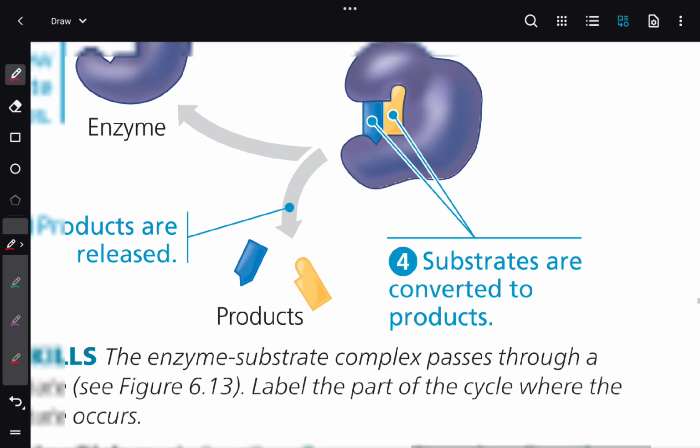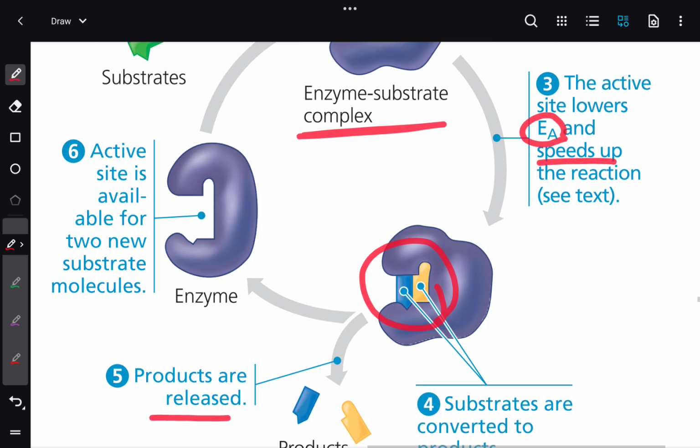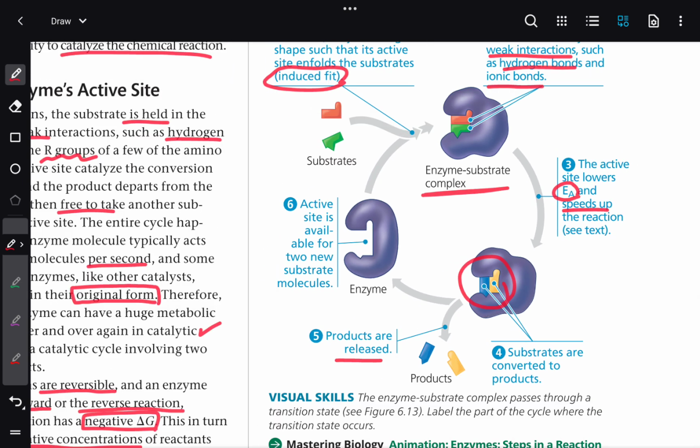Now, the substrates are converted to products within the active site, then they are released. The enzyme is back to how it was before, and the active site is available for new substrate molecules.